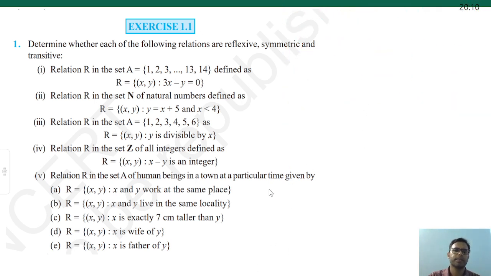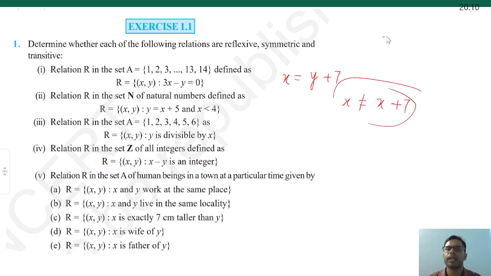So you see here, the relation will be x is equal to y plus 7. Then obviously you cannot write like this, x is equal to x plus 7. Is it correct? No. That means since this is not correct, we cannot take x is in R. Therefore, R is not reflexive.